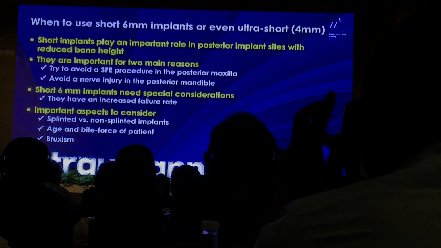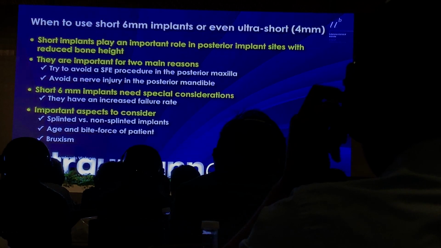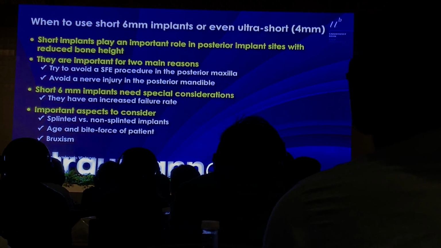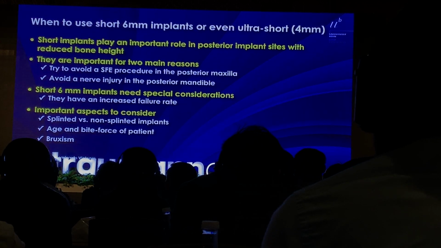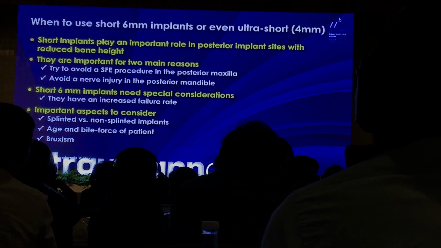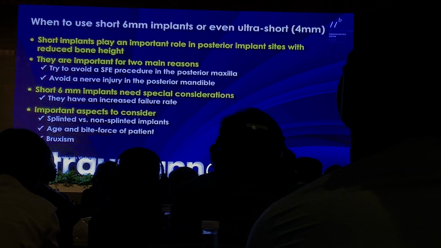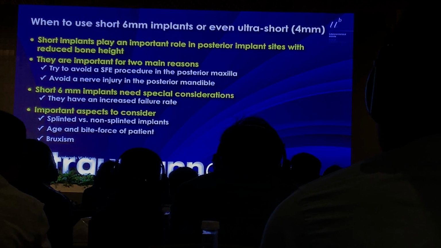So short implants need special considerations. They have an increased failure rate if you use them non-splinted. I will show you the latest data. So you need to consider these aspects. Splinting, you need to consider age of the patient and the bite force of the patient.